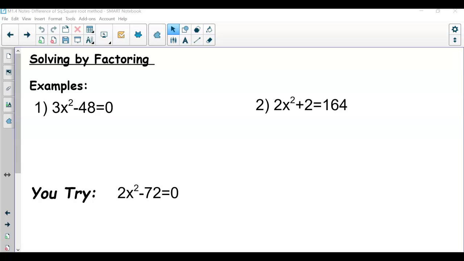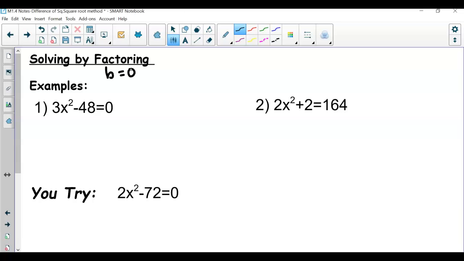In this video, we're still going to be solving our quadratics, particularly when b is equal to 0. So we're missing that x term. But we're going to focus now on solving by factoring.